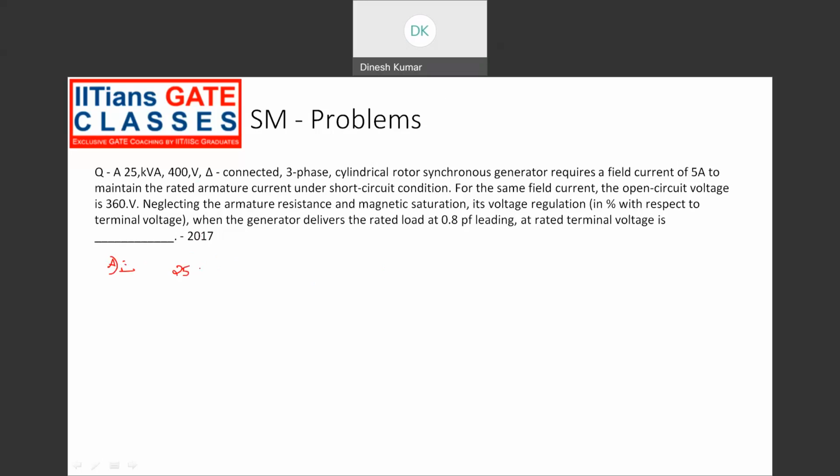So they have given us a 25 kVA, 400 volts, delta connected generator, right? The load current can be given as IL equal to 25 into 10 cube by root 3 into 400. So that is around 36 amps. Now the per phase current equals I line by root 3, so that will be around 20.8 amps.